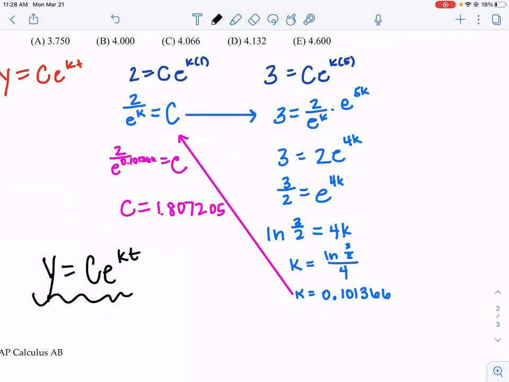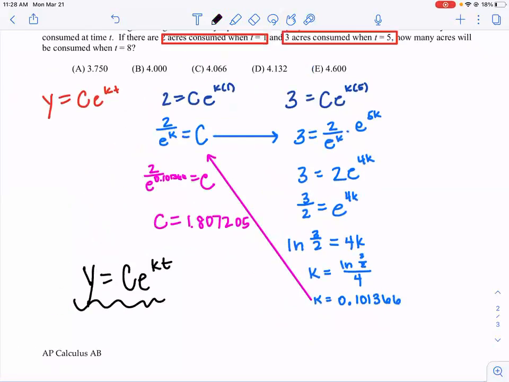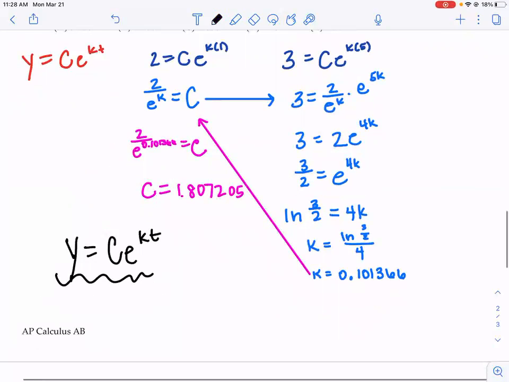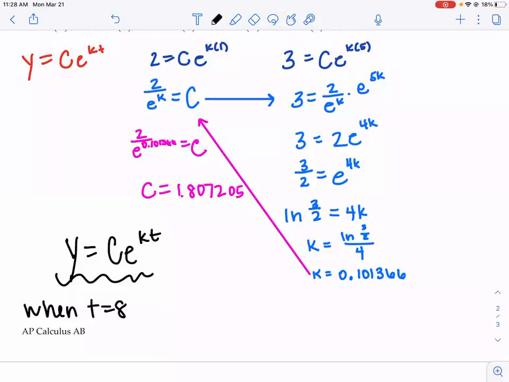Okay, so now I want to know how many acres will be consumed when t equals 8. So when t equals 8, plug 8 in for t, 1.807205 in for c, and 0.101366 in for k. Let me know what you get.